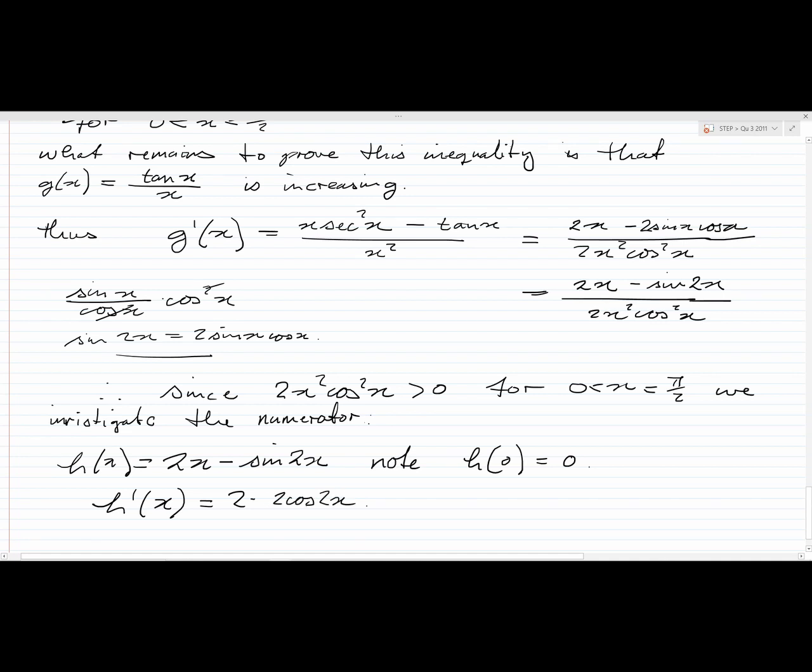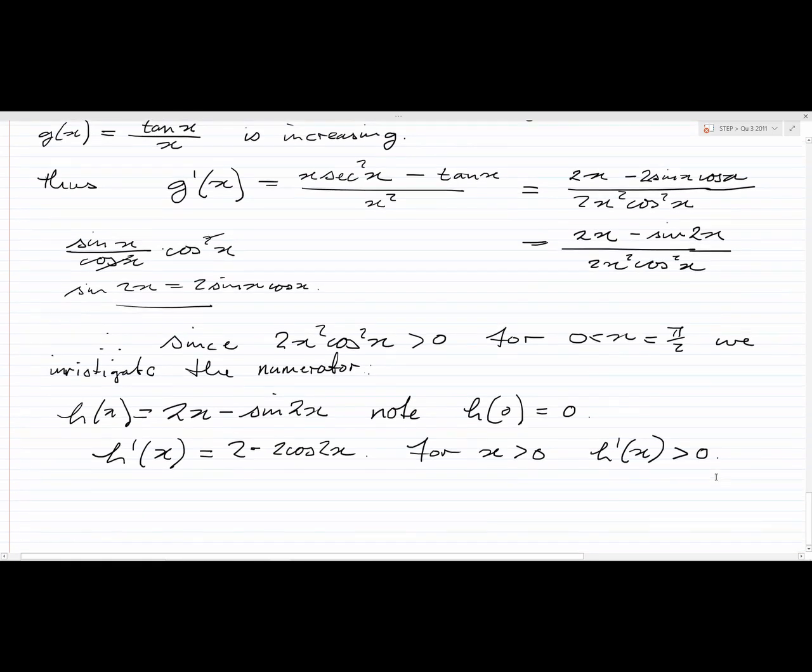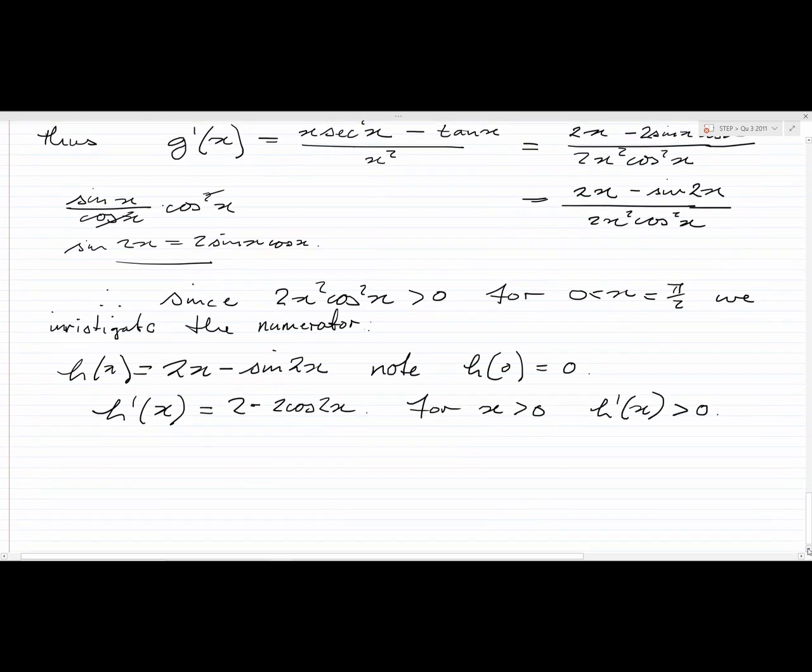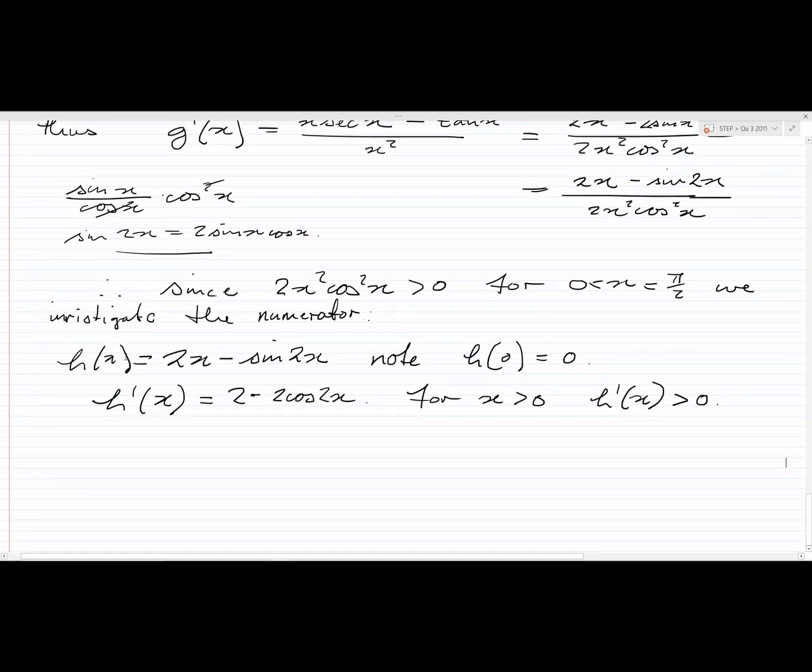But we notice that for x greater than 0, h prime is actually greater than 0, because cos is a maximum of 1, so multiplied by 2, it's a maximum of 2, but we're greater than 0, so it's definitely less than 2. So 2 subtract something less than 2 will give you something greater than 0. So what we get, therefore, is that the derivative is greater than 0, and that h of 0 is 0.